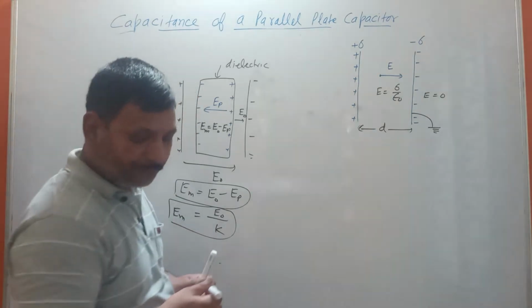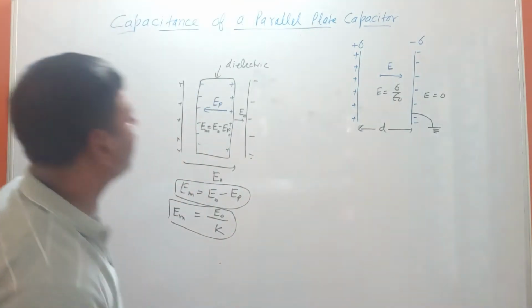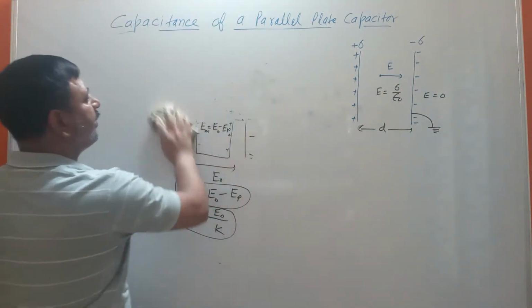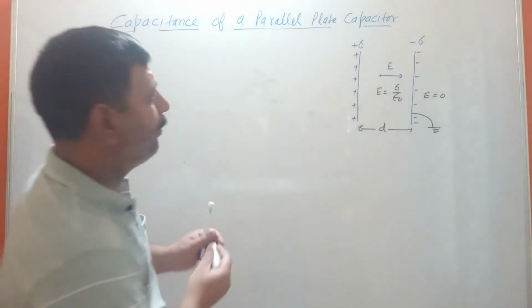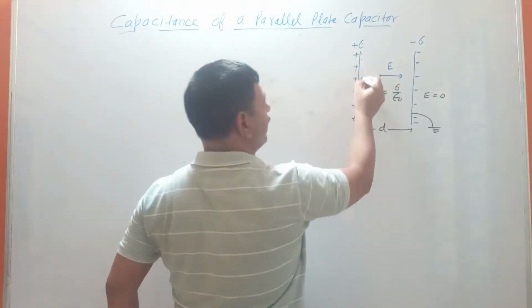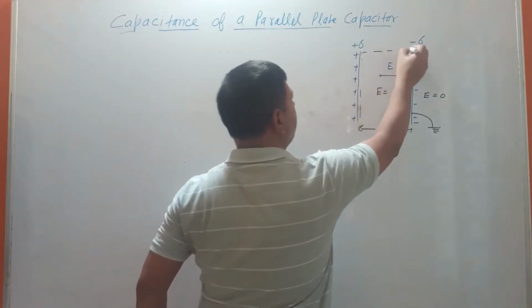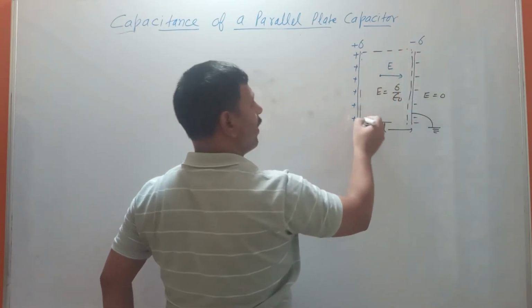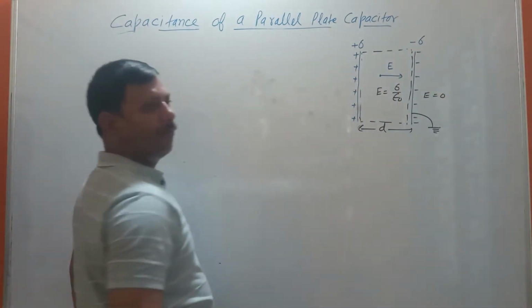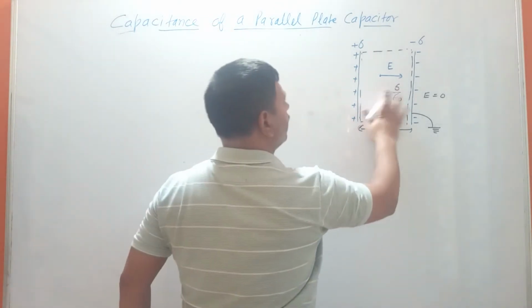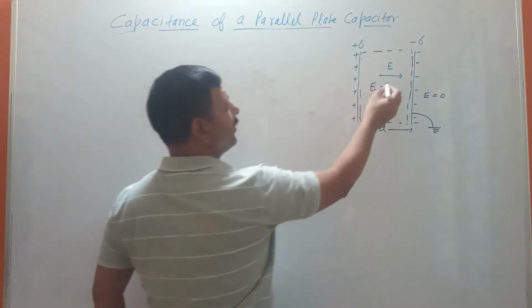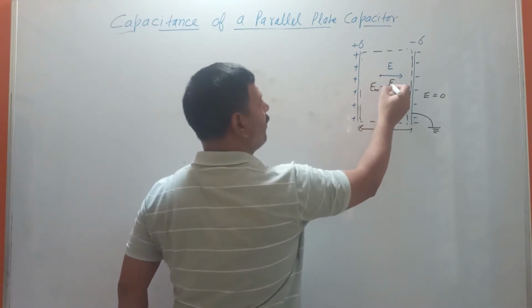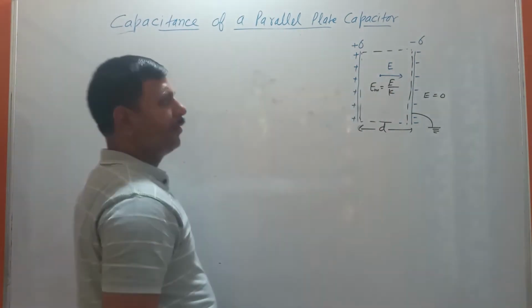So see here, if we have put a dielectric between the plates, what happened? The net field E naught becomes the external field upon K times.